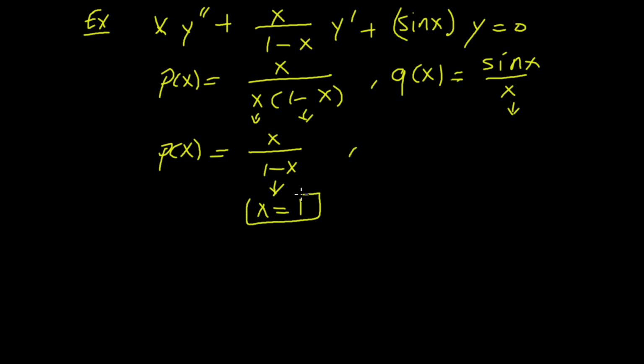So that's a singular point, because p is not analytic at this x naught that is 1. Of course, here dividing by x equals 0 is going to be an issue, but we know that sine of x can be defined as a power series.